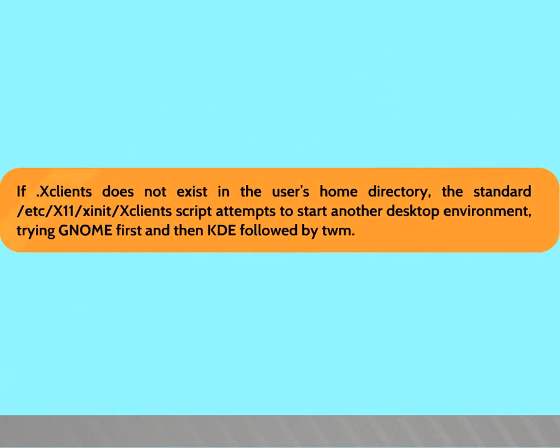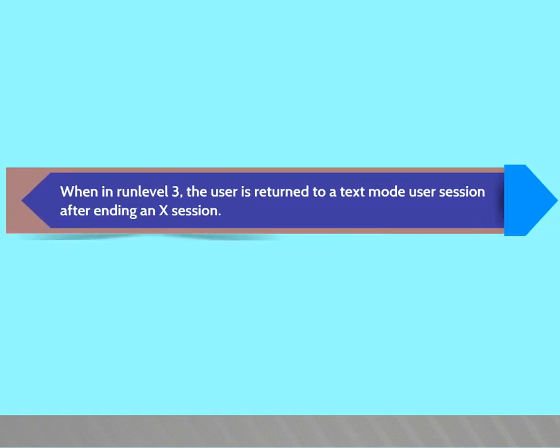If .Xclients does not exist in the user's home directory, the standard /etc/X11/xinit/Xclients script attempts to start another desktop environment, trying GNOME first and then KDE followed by twm. When in Runlevel 3, the user is returned to a text mode user session after ending an X session.